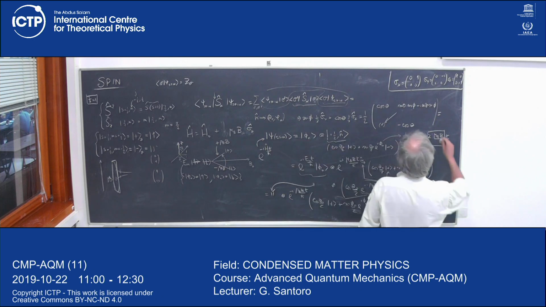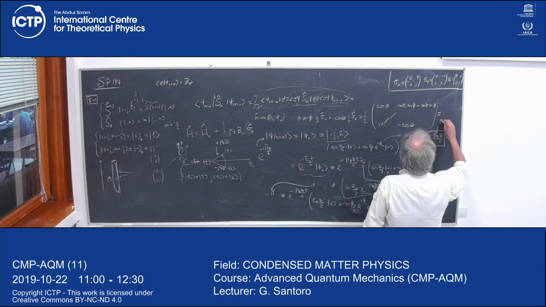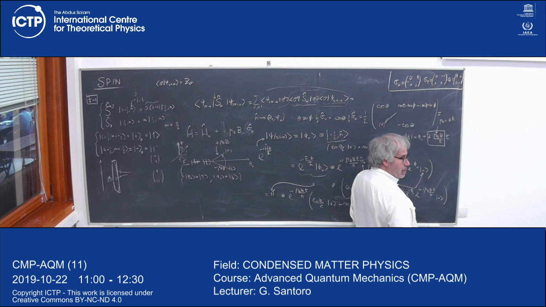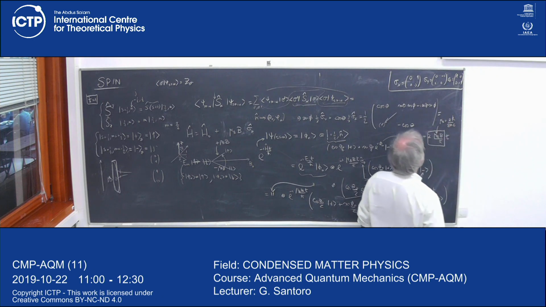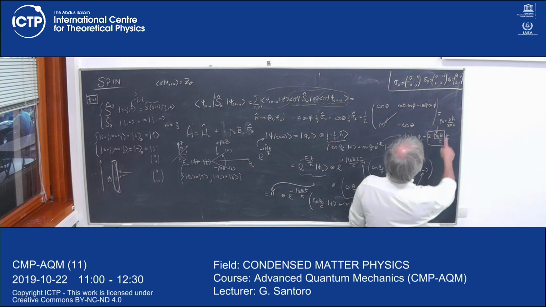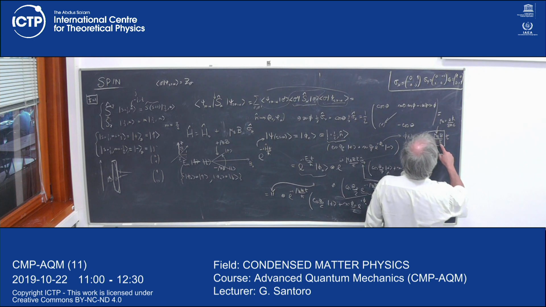Now, you should remember that mu_B B is e, it collects already the h bar of the angular momentum, and then there is 2mc. And now you see clearly that h bar and h bar go away, okay? So this object is in fact, and the 2 goes, by the way, eB over mc.